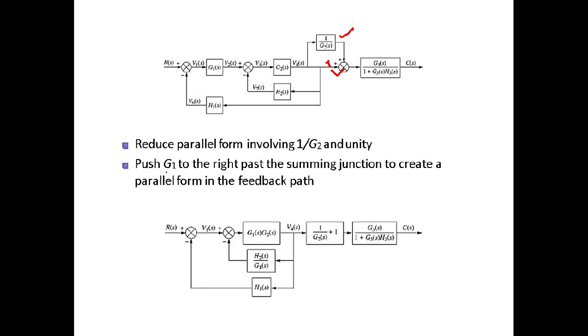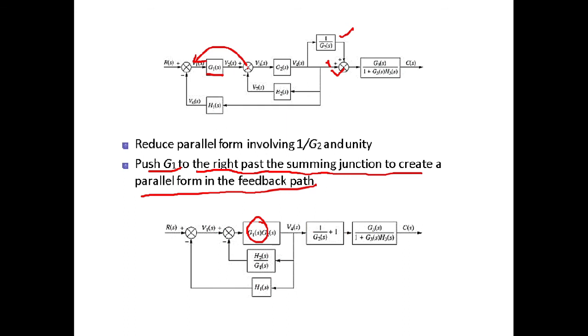Now push this G1 to the right past the summing junction to create a parallel form in the feedback path. Okay, if you just look at this, you can clearly find that if you move this summing point ahead of this gain block, you can see G1 and G2 will be in series. That is what we have done, G1 multiplied by G2.